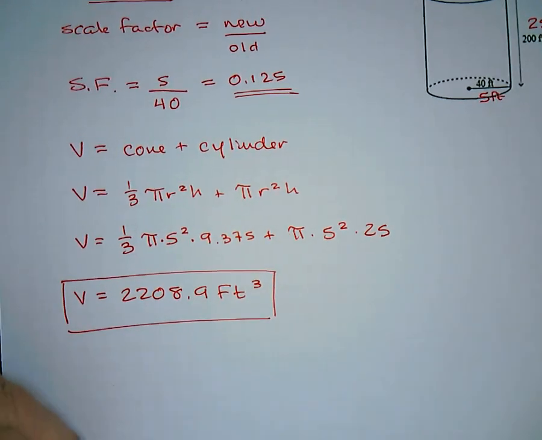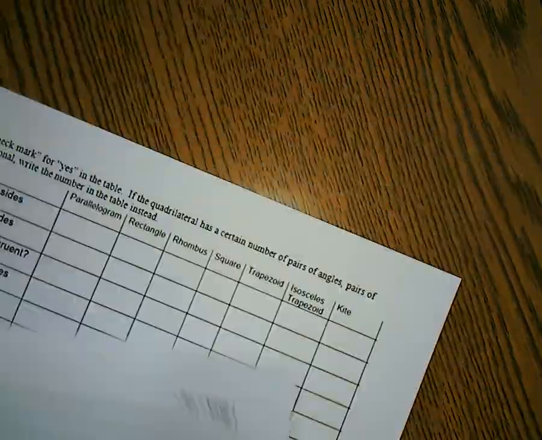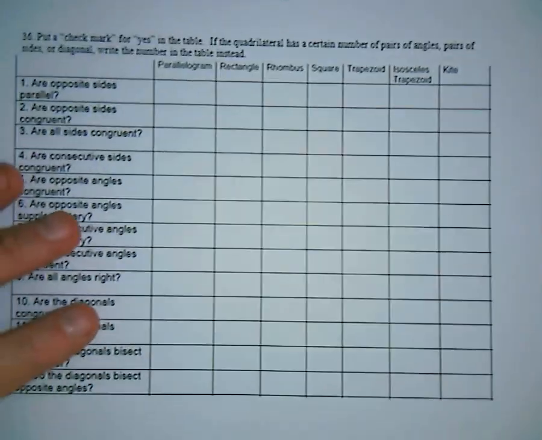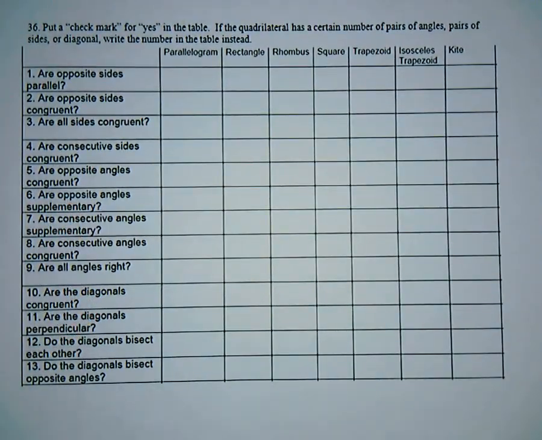All right, last little bit here. So this is going to be helpful to do a little bit of drawing here as well. So it says, put a check mark for yes in the table if the quadrilateral has a certain number of pairs of angles, pairs of sides, or diagonals.